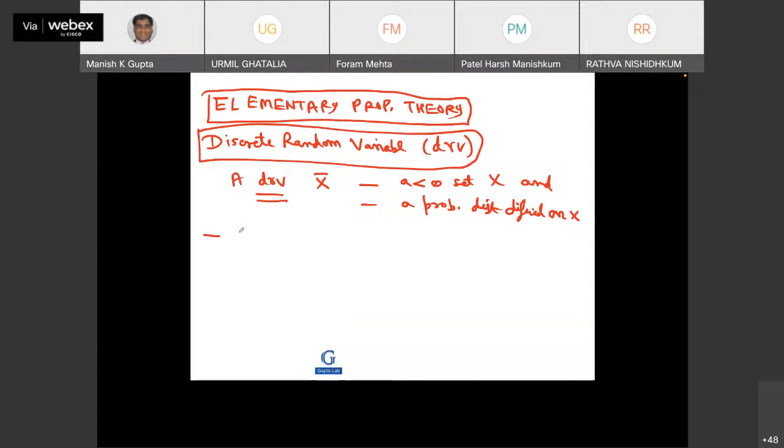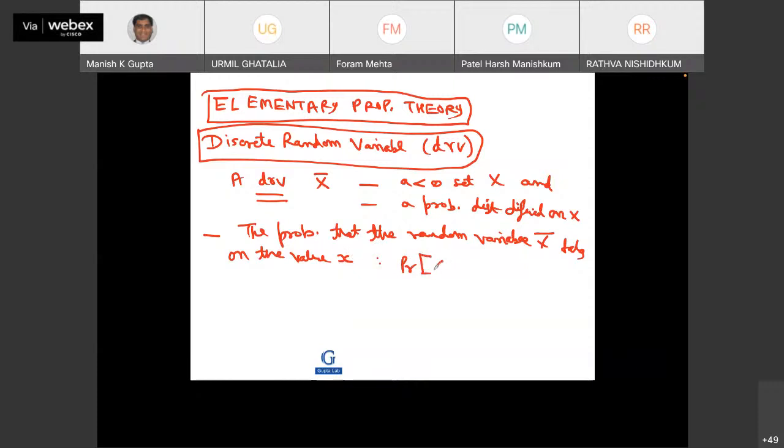There are certain notations. The probability that the random variable X bar takes on the value x, a member of capital X, is denoted by Pr[X bar = x].